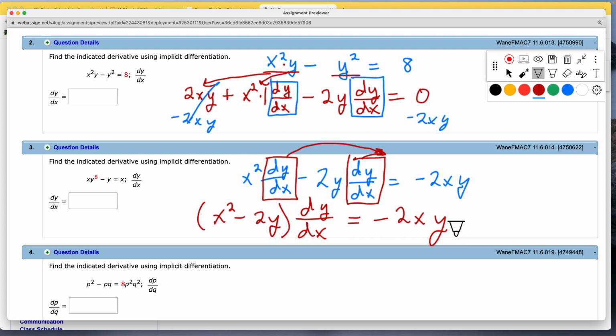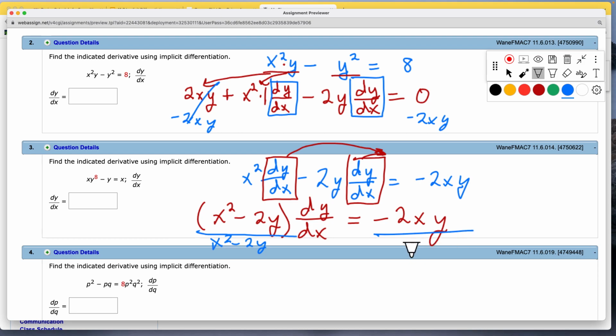So far, so good. One last step. Whatever's in front of the dy dx, divide it so it goes underneath on the other side, and we finished our algebra. Right? We're going to divide by x squared minus 2y.